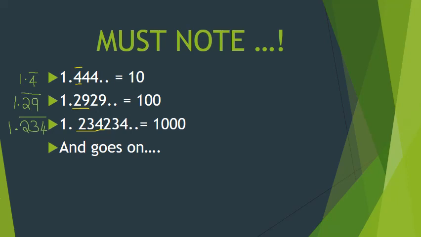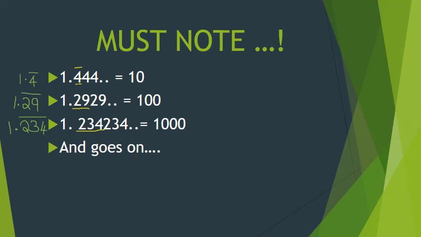Look at the third example, 1.234234 dot dot, which also indicates that 234 goes on repeating. So here there are three different numbers repeating, that is 2, 3 and 4. Since three different numbers are repeating, I'll take the place value as 1000.